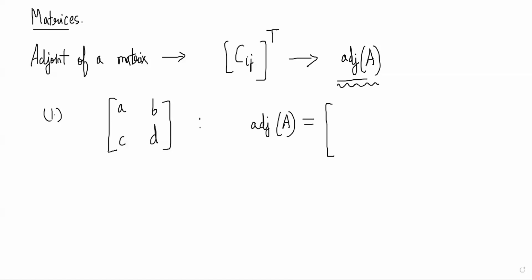So what is the other matrix? In this case, it is A, minus C, minus B, D. No, that is wrong, sorry. You have to interchange the principal diagonal, and not interchange the other one, and keep minus B, minus C.